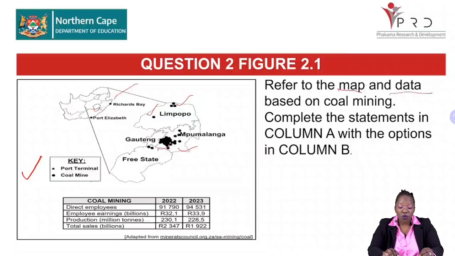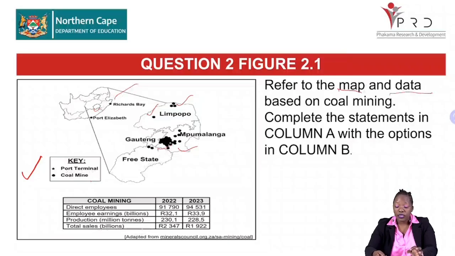So the data, the coal mining, the direct employees from 2022 and 2023, we're looking at the employee earnings in billions. We're looking at the production in million tons. We're looking at the total sales. So now that we have identified what you have seen in the diagram, it will be easier to understand what type of questions you should expect after this.